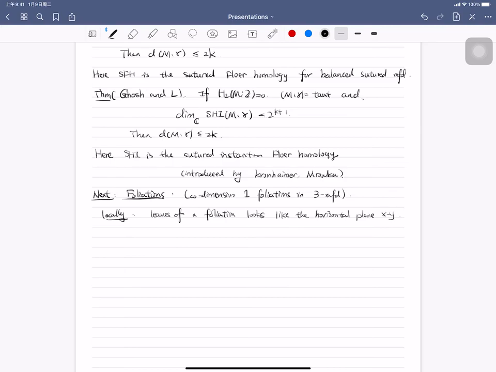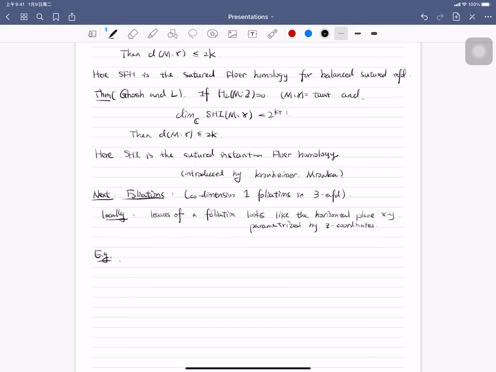Right, the xy plane, and they are parametrized by the z coordinate. So you can imagine at every local we just slice the 3-manifold into surfaces, and at every local the surfaces are the horizontal planes parameterized by the z-axis.